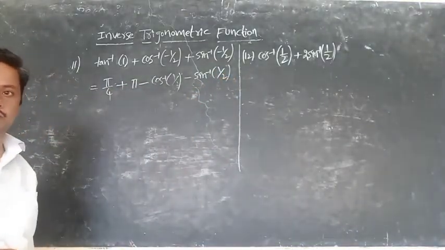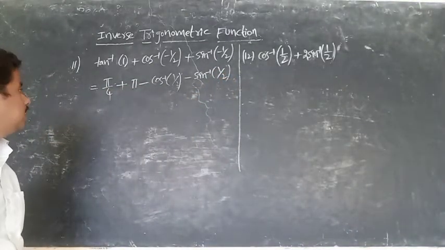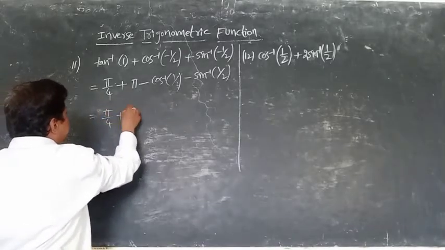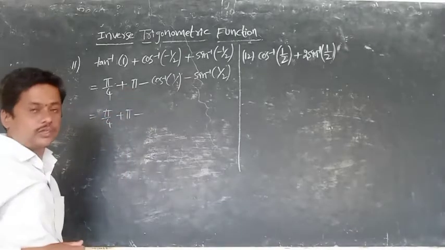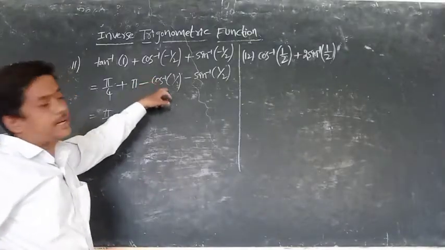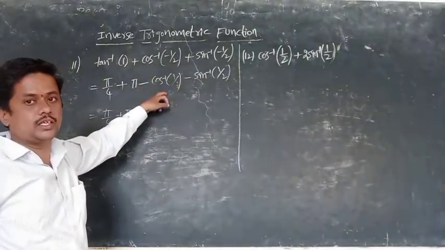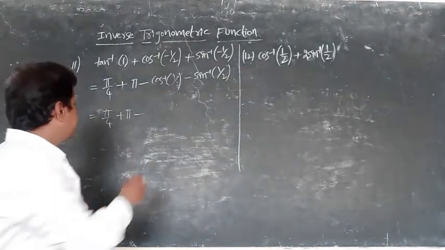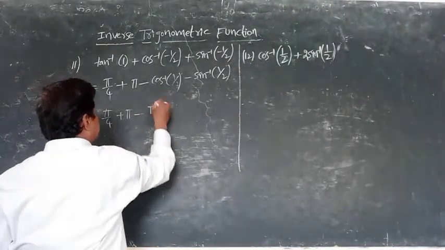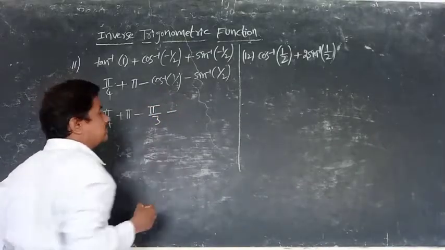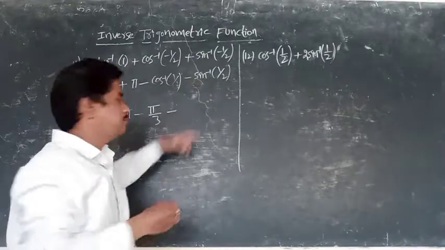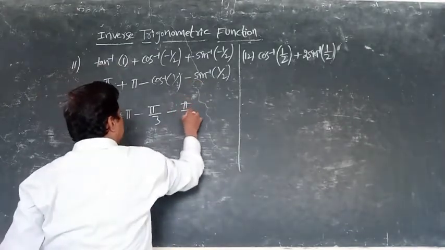So we have pi by 4 plus pi minus cos inverse of 1 by 2, which is 60 degrees, pi by 3, minus sin inverse of 1 by 2, which is 30 degrees, pi by 6.